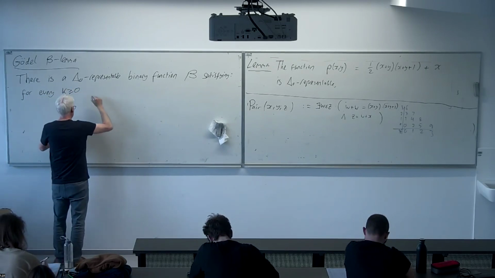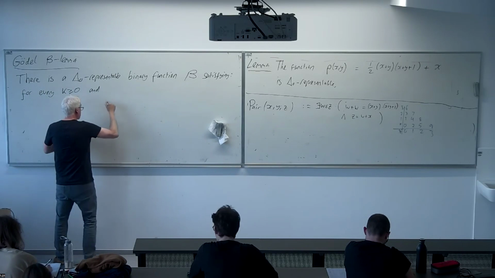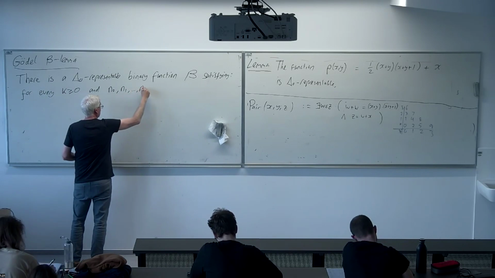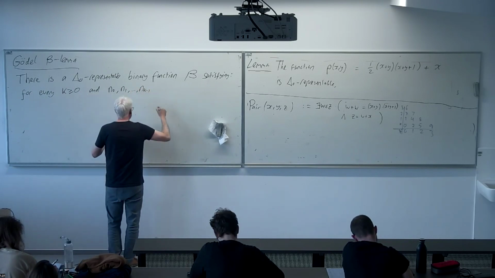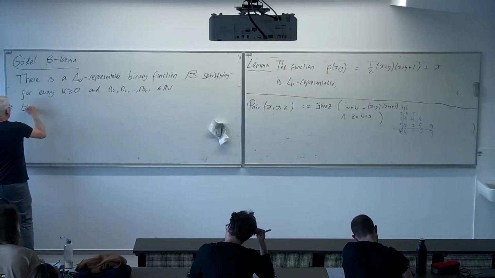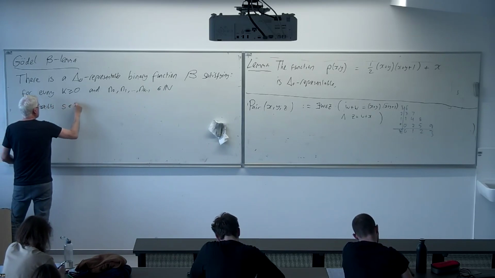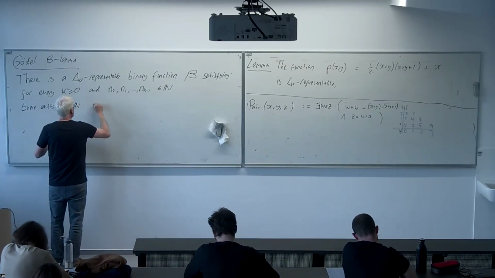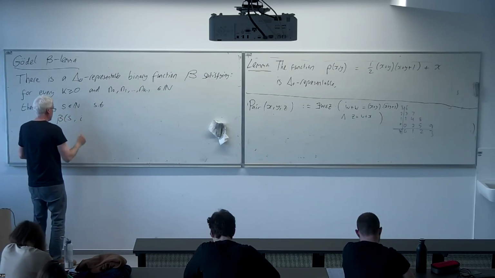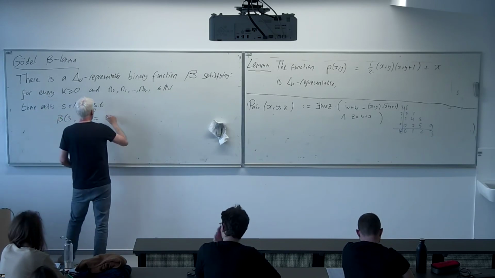So for every k, natural number greater than or equal to 0, and sequence of natural numbers of length k, let's call them n0, n1 up to nk minus 1, there exists some natural number s such that if we apply beta to s and any i less than k, we get back ni.